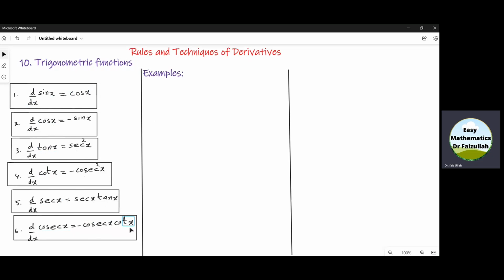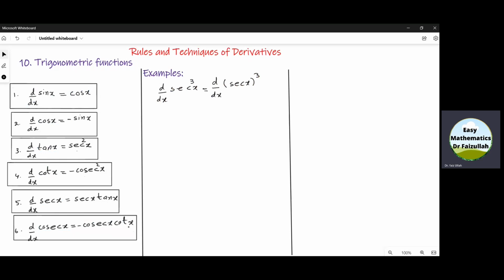Let us use these formulas to solve some examples. The first example is, let us differentiate secant cube x. Now this can also be written as d by dx of secant x whole cube.